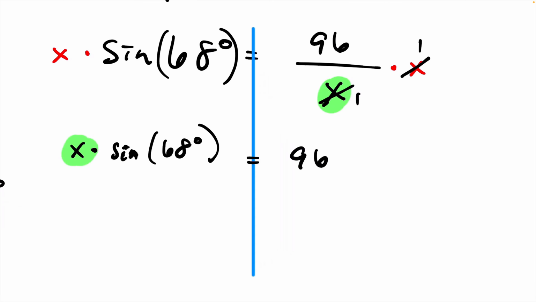How do I get x by itself? It's almost there. What am I going to do? Add, subtract, multiply, or divide? Divide, right? Divide by everything that's not shaded, because it's being multiplied. So I'm going to divide by everything that I didn't shade, which is sine of 68 degrees.